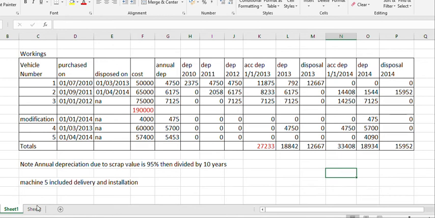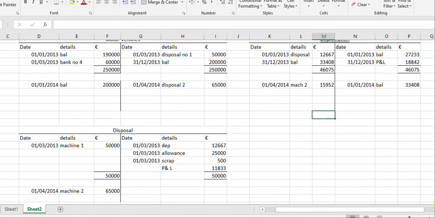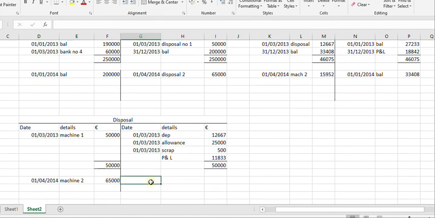So 15,952 debited in the depreciation, therefore credited in the disposal account. 1st of the 4th, 2014.